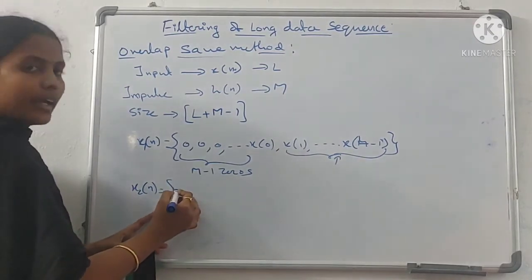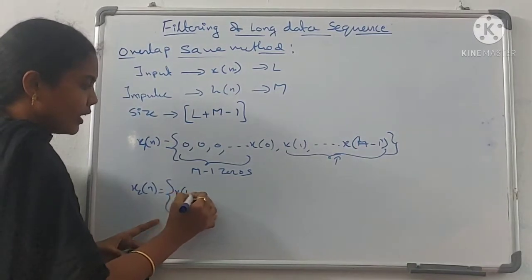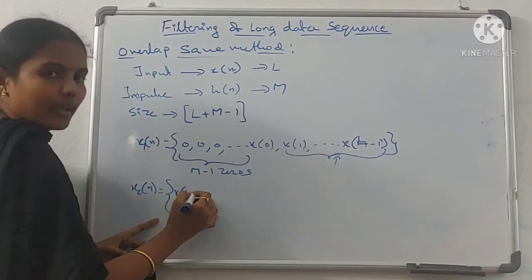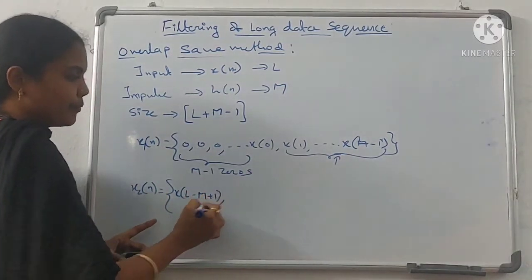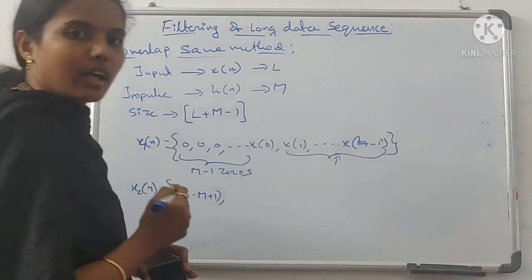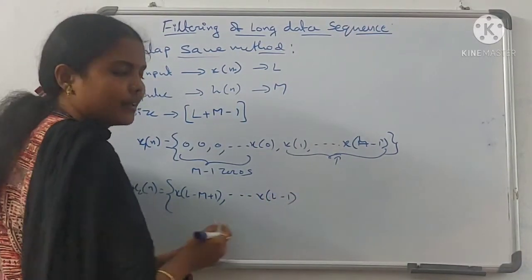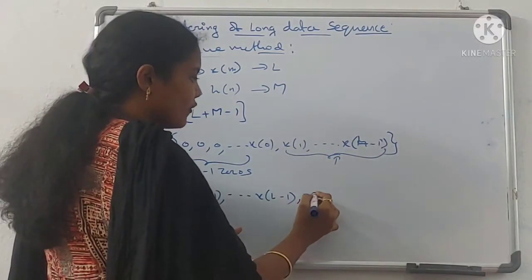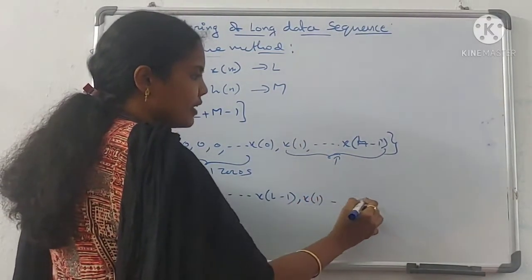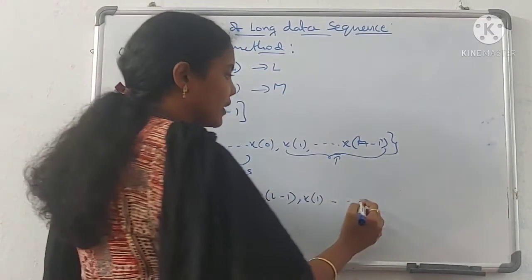That is x of L minus M plus 1, and so on, up to x of L minus 1, and then next x of 1 and so on up to x of 2L minus 1.